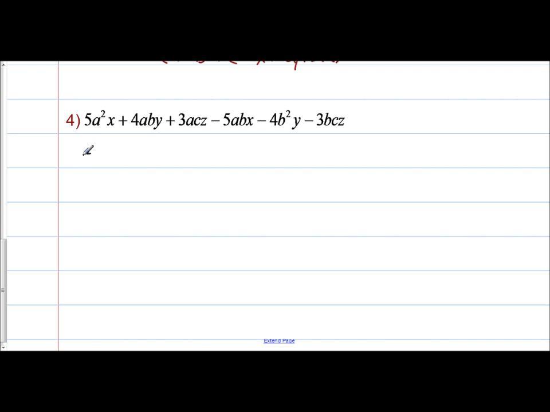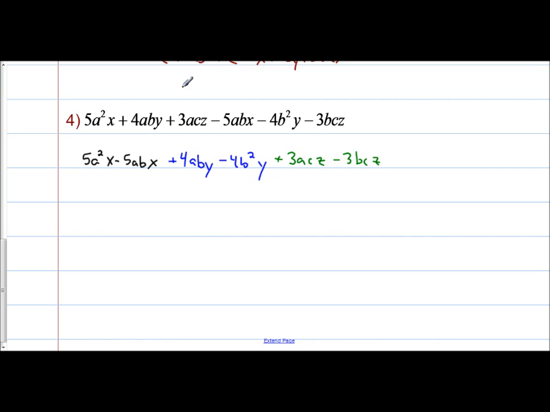And so sometimes you're going to have to rewrite it. So I can do 5a squared and then put my 5 together with it. I could then do my 4aby and put my other 4 with it. So minus 4b squared y. I could do my plus 3acz and put my negative 3bcz there.